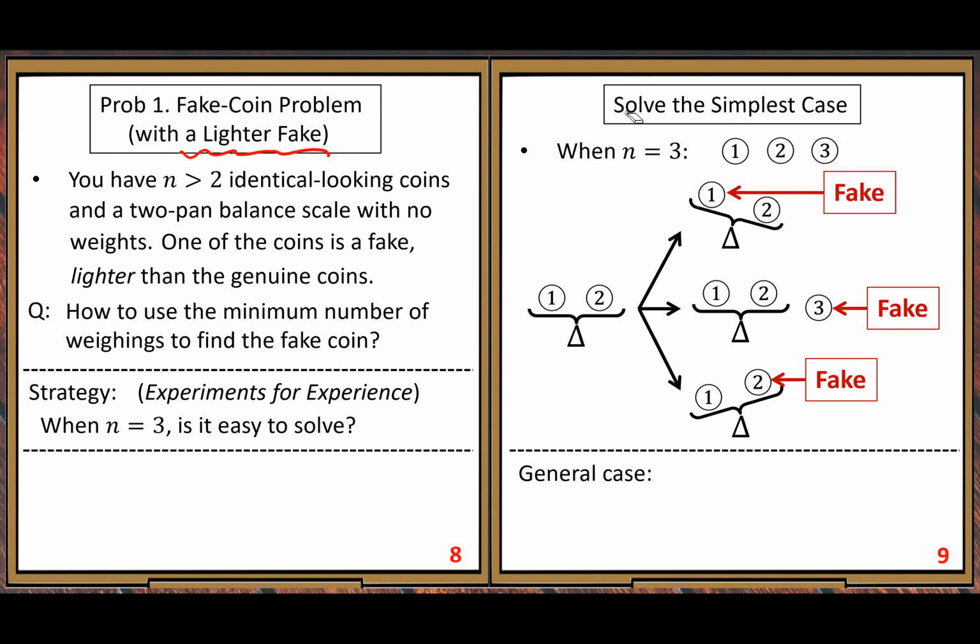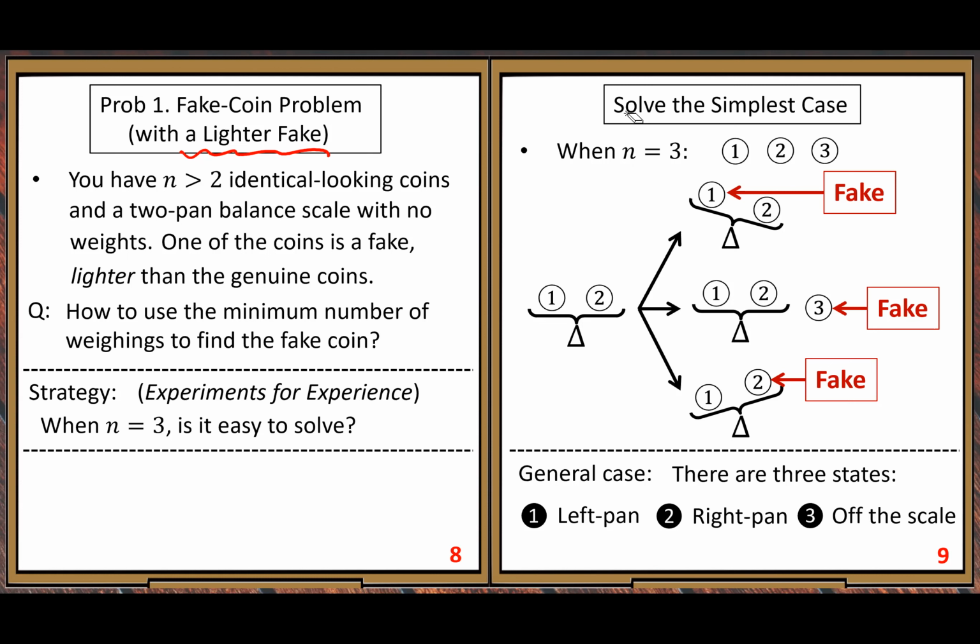Now we move to the general case. Although last time I gave you n equals 4, here let's jump to the general case faster because I want to save some time. For the general case, there are 3 different states: left pan state, right pan state, off the scale state.